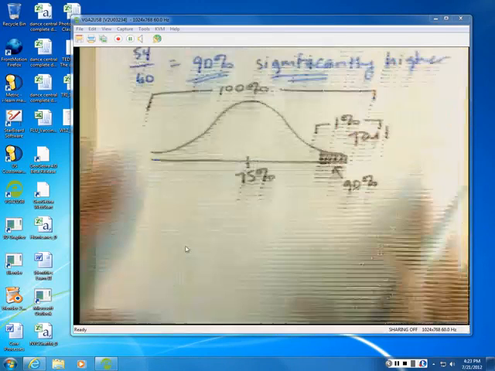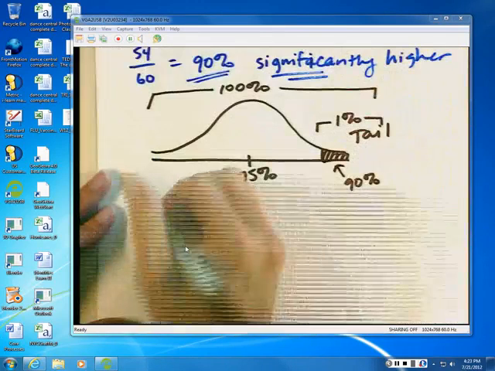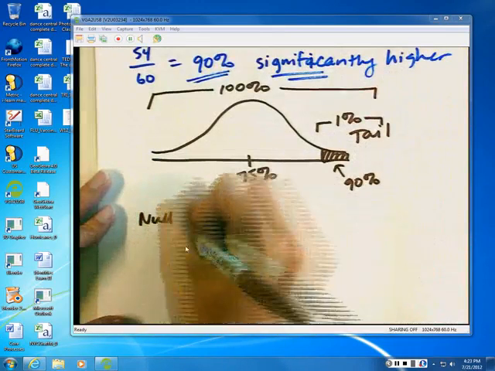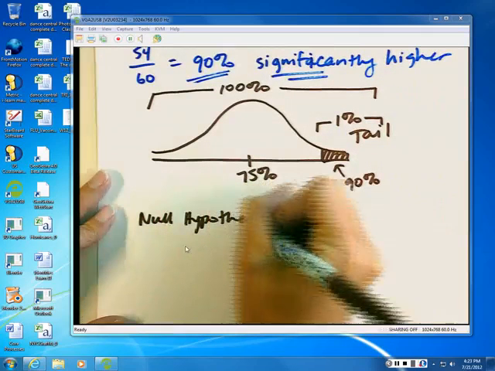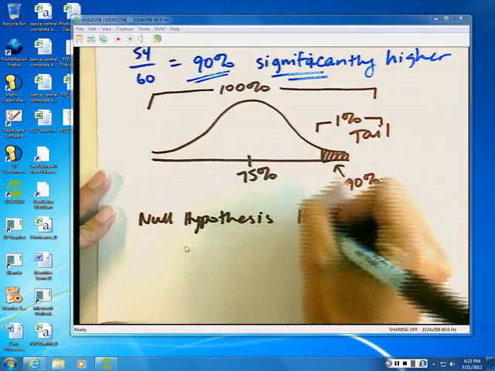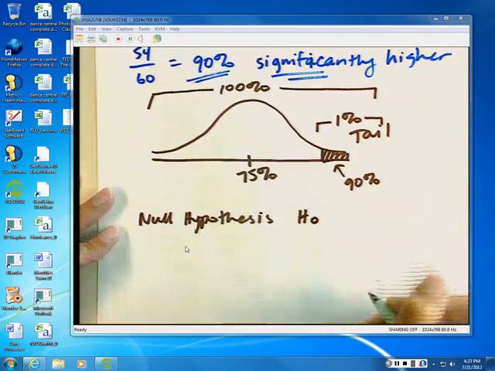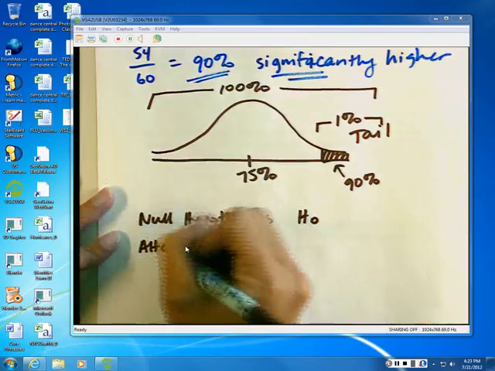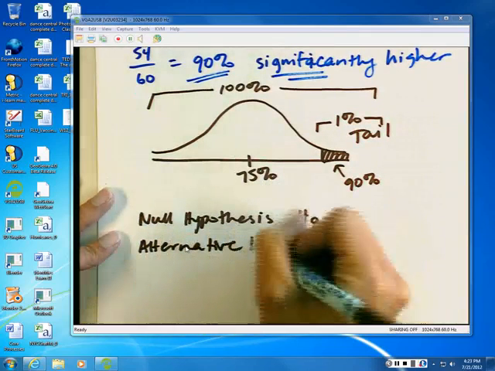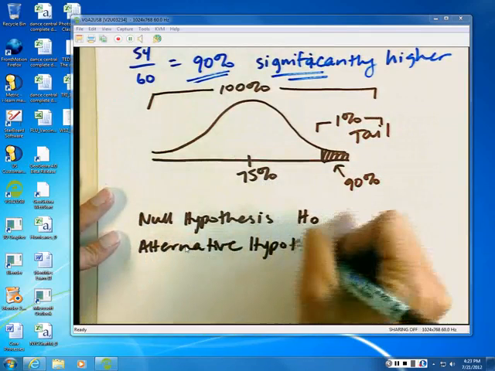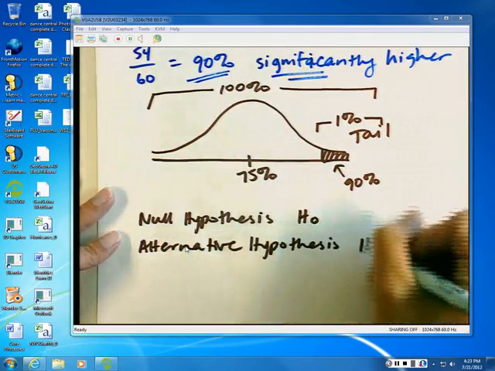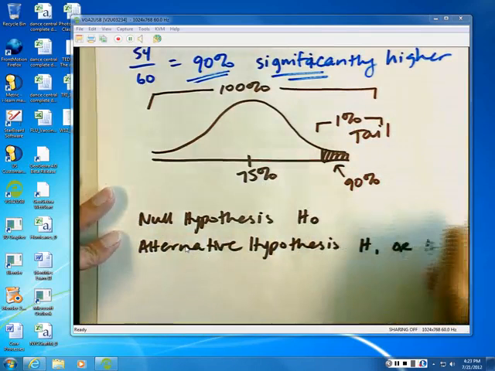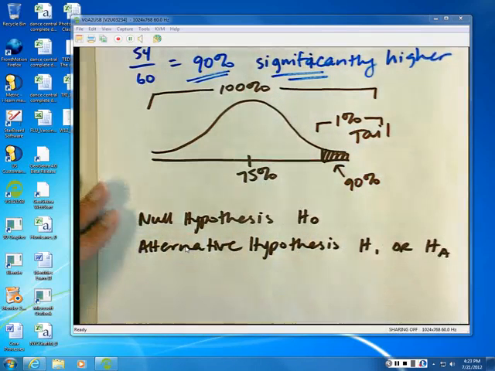As we do the hypothesis, we're always going to have a null hypothesis, which we call H sub 0, and an alternative hypothesis, which we call H sub 1 or H sub A. I don't care which language you use. I like H sub A, but it doesn't matter which one you use. So we're going to see a null hypothesis and an alternative hypothesis.